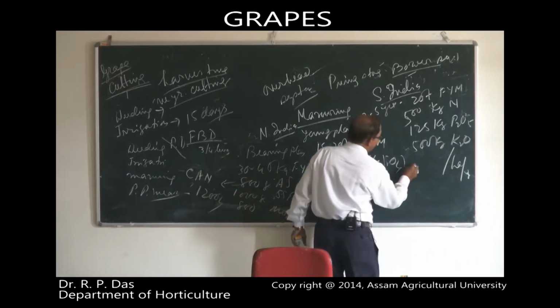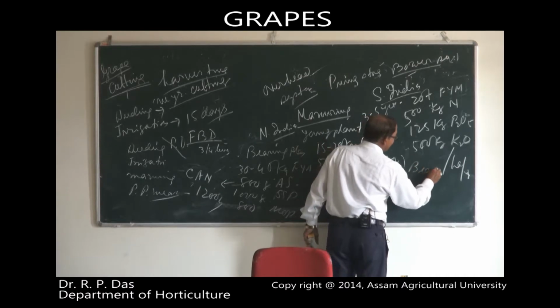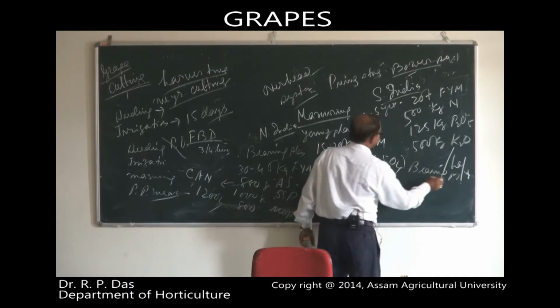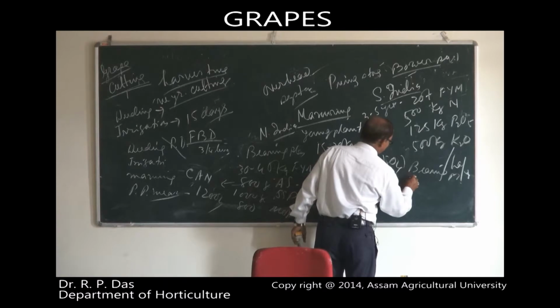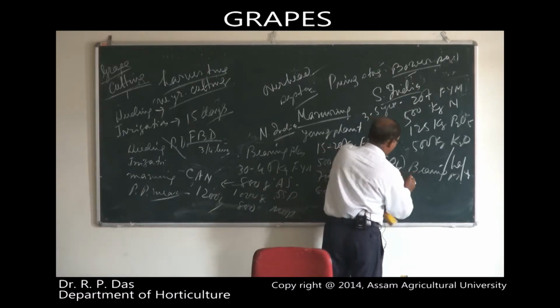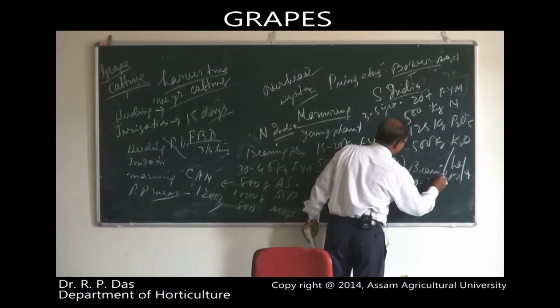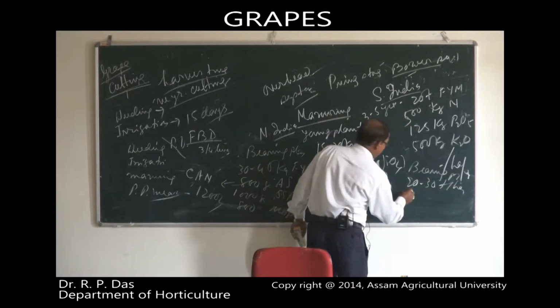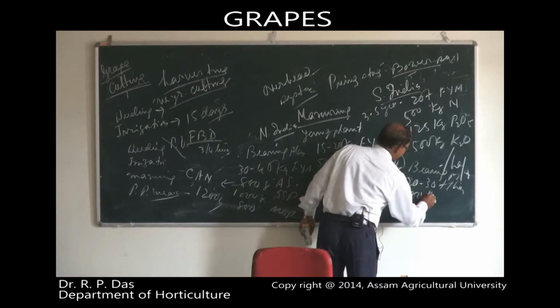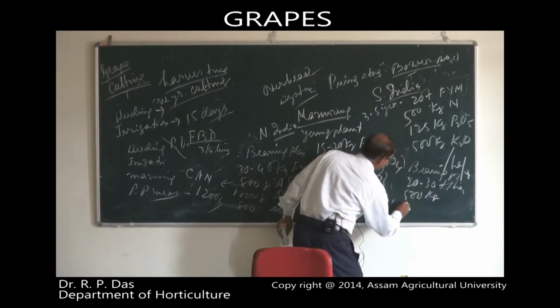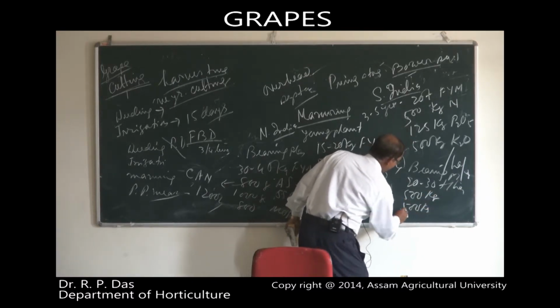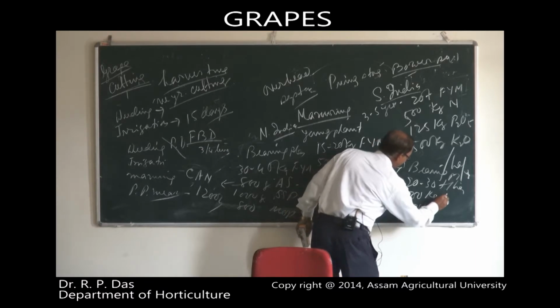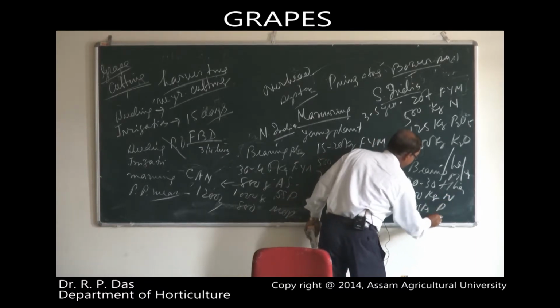But in case of bearing plants, 20 to 30 tons per hectare FYM, then 500 kg nitrogen, phosphorus and potash.